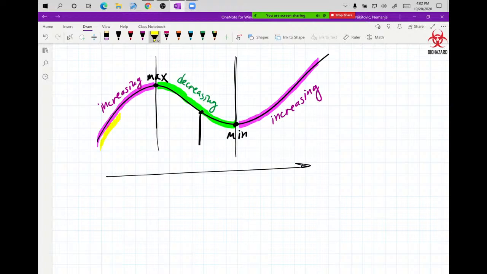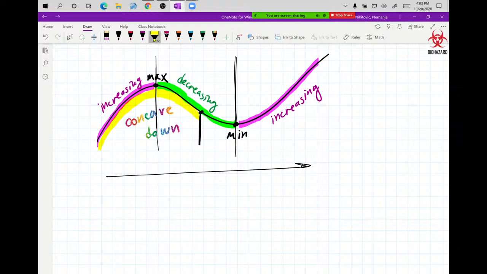If you take a look at this part here, you see that that is like the cup that opens downwards. And we will call that concave down. Let's use the rainbow over here. Concave down.